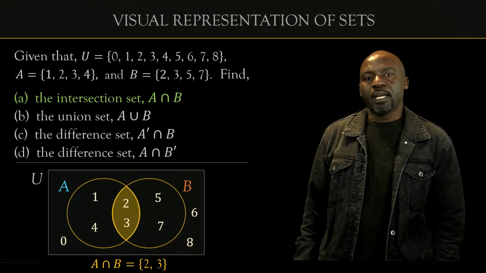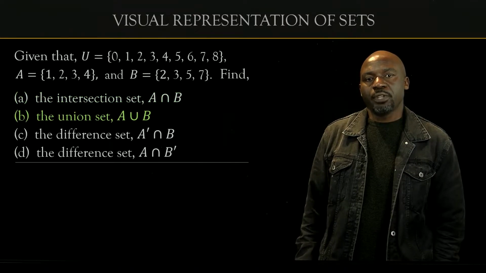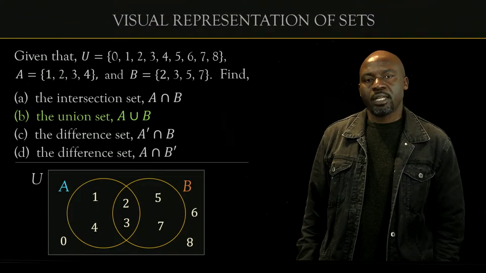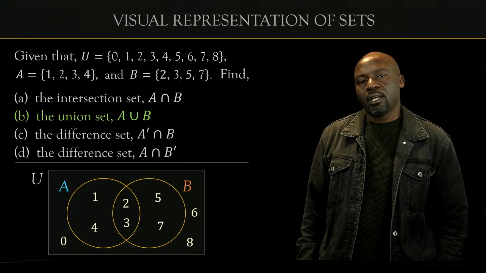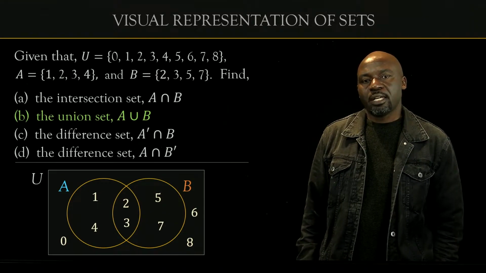Similarly, let's go to part B. Now I'm shading part B. We are looking for the union, A union B. Looking at that Venn diagram, A union B would refer to any element that is in A or B or both.